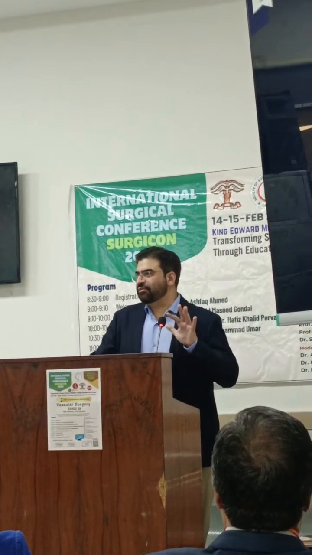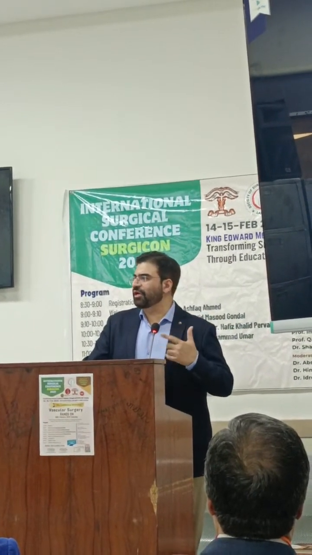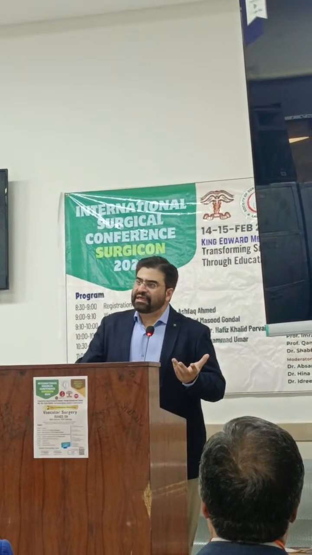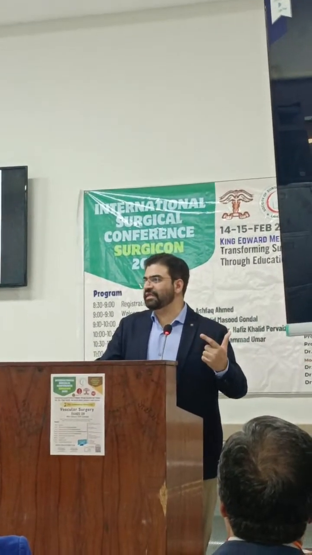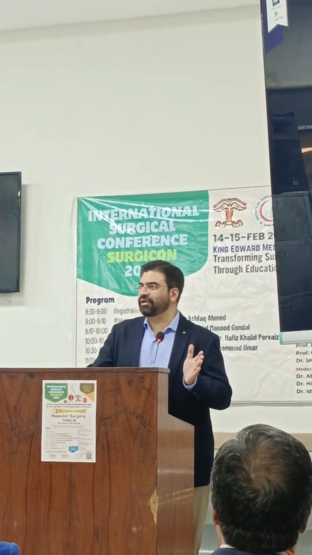And what does tumescent do? First, it gives you a pain-free procedure. Secondly, it creates a heat sink around the vein, because 120 degrees centigrade temperature does not just limit itself to the vein. It can burn tissues around the vein. It can burn the deep vein, it can burn the saphenous nerve.